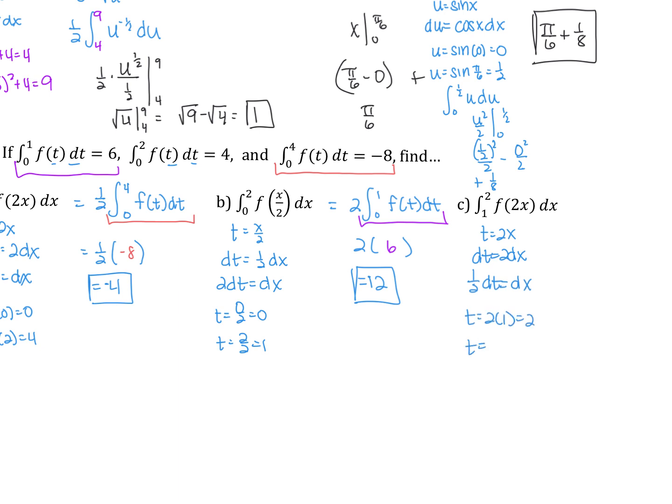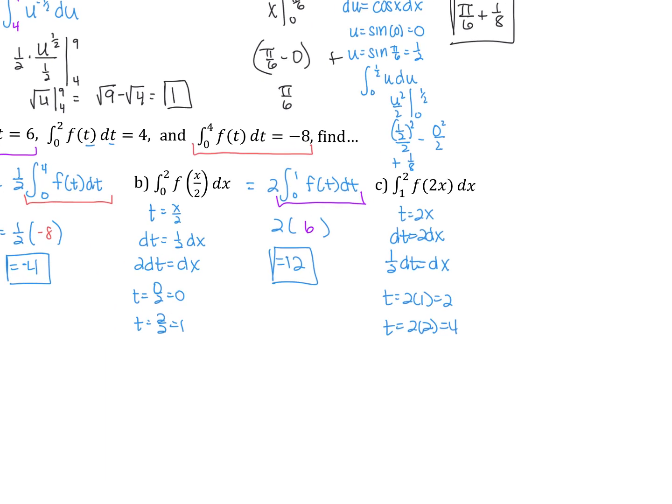And when t is the upper bound, it's going to be 2 times 2, which is 4. So if I rewrite this integral, this becomes 1/2 the integral from 2 to 4 of f of t dt.